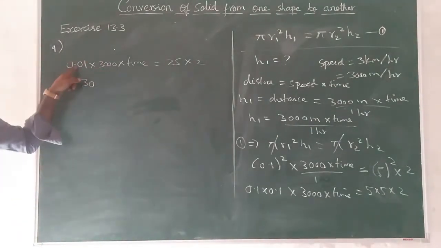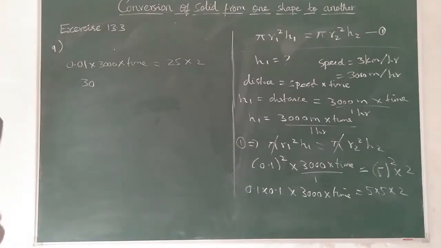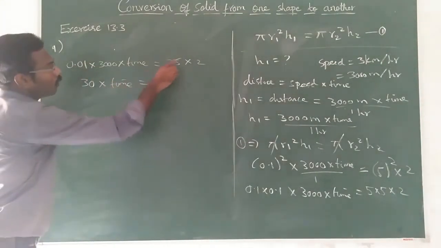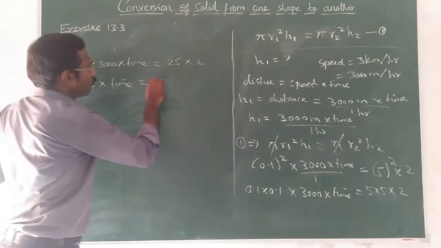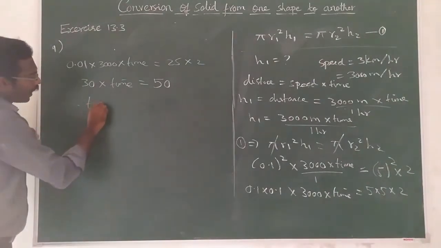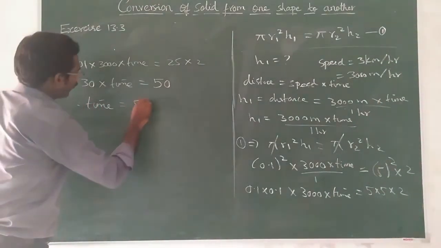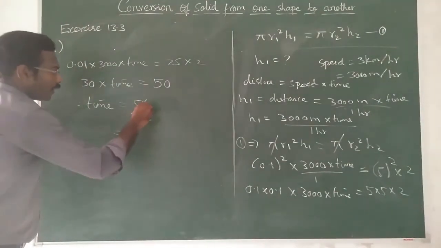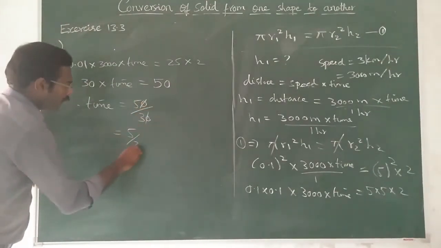So 30 into time is equal to 25 into 2 is 50. We want time only. Therefore, time is equal to 50 by 30, that is equal to, cancel, 5 by 3.